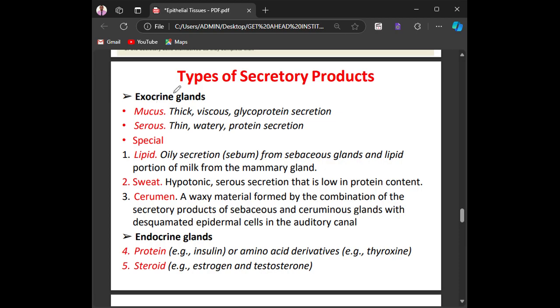When we are talking about the exocrine glands, we have mucus, serous, and some special ones which include lipid, sweat, and cerumen. Then for the endocrine glands, we have protein and steroid. These are the types of secretory products.